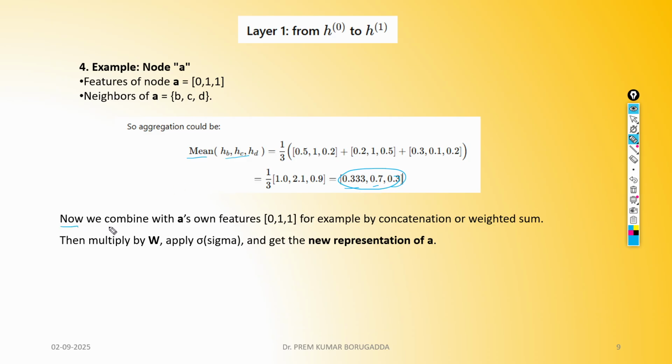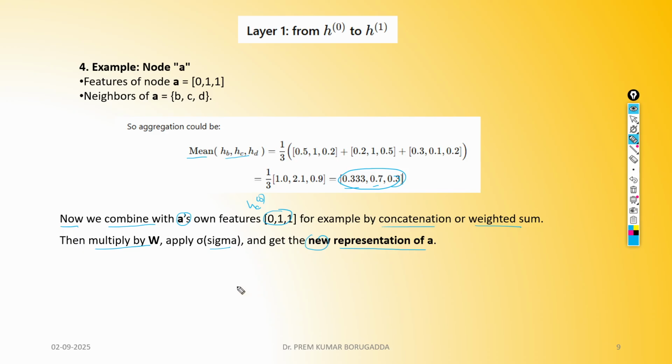Now we combine it with A's own feature. Own features means the earlier features, which is h_A of 0, 0, 1, 1, for example by concatenating or weighted sum. Then multiply by W, apply sigma, and we get the new representation of A. How do we get the new A? You can see here, this is the way.